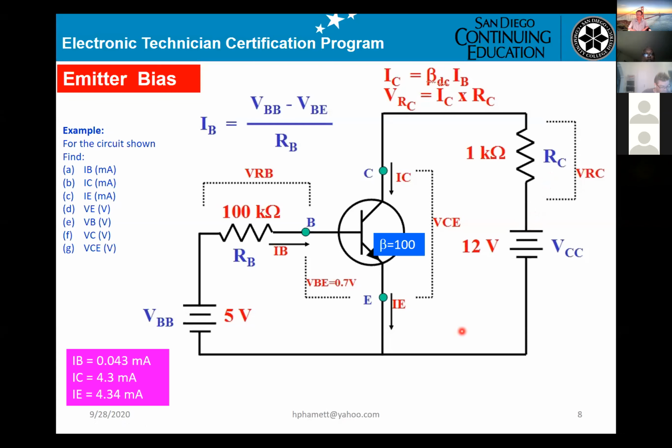You take 12 minus 4.3 times 1K. 7.7. So I can tell you the answer: 12 minus 4.3, 7.7 volt for VC.